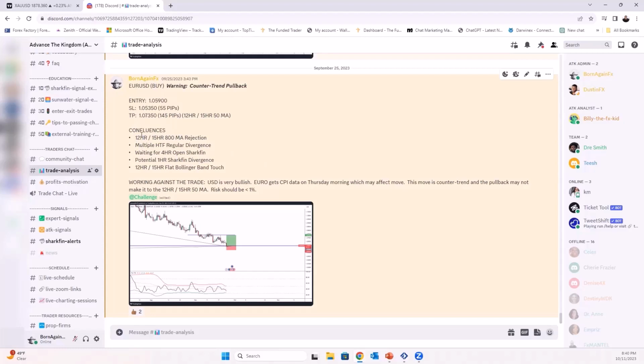It's rejecting off of the 12 and 15 hour 800 MA, has multiple high time frame regular divergence. It's waiting for the 4-hour open shark fin, potential 1-hour shark fin divergence. And we have Bollinger Bands, and this is what's working against the trade. So we always identify what's working against the trade as well.